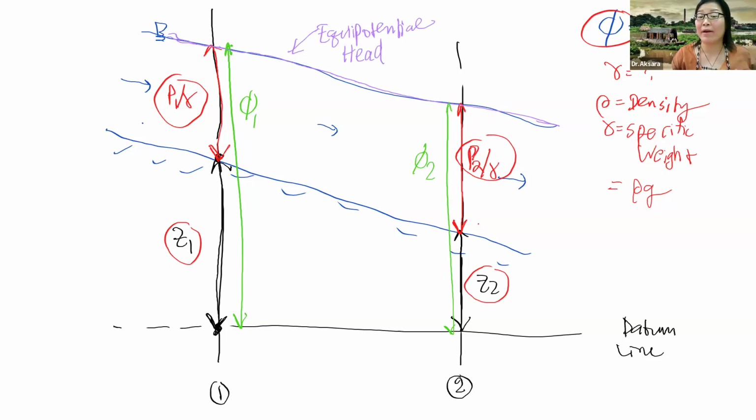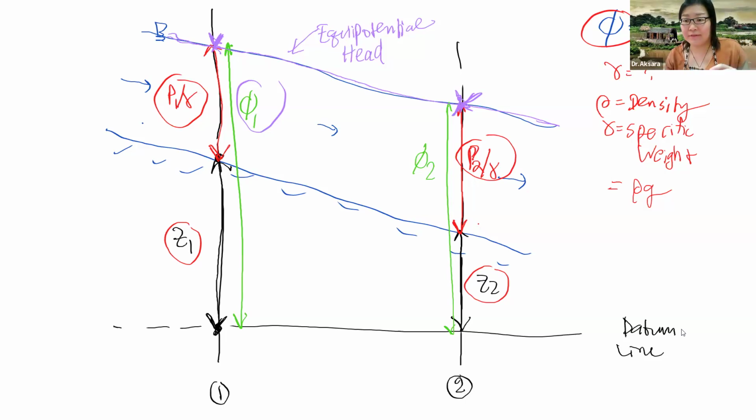Because that's where you measure your equipotential head. You measure phi1 at this point, so this is the equipotential head, and then you measure phi2 here, that is also equipotential head. When you connect this line, that's the equipotential line for you. And the equipotential line represents the equipotential head. All right, you understand now.